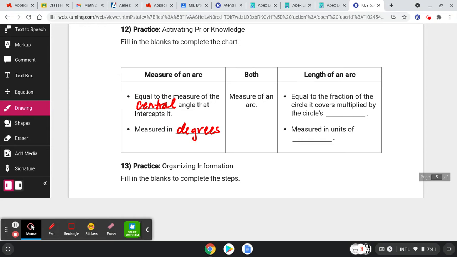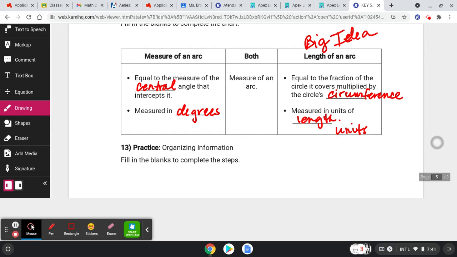But the length of an arc, this is our new big idea, is equal to the fraction of the circle that it covers multiplied by the circle's circumference, using that new formula. And the measured units are units of length: inches, feet, whatever the length units are that are given to us.